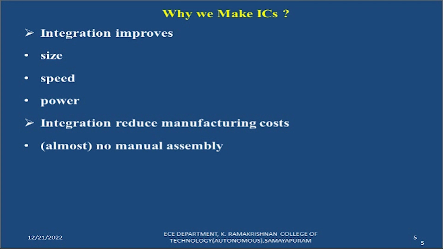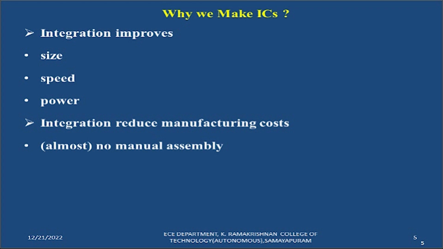And the second reason why we go for integration is in order to reduce the manufacturing cost, and this lies on automation. That is, the automation will be based on how far we are doing the fabrication process for fabricating the integrated circuit. So if we need to reduce the manufacturing cost, there also we need integration.